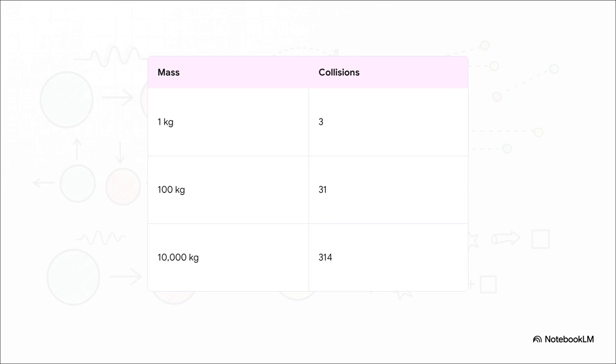When we increased the mass by a power of 100, making it 100 kilograms, we had 31 collisions. And when we increased it by another power of 100, making it 10,000 kilograms, well, if you calculate the idealizing assumptions exactly, the total number is 314 collisions. Let those numbers just sit in your mind for a second. 3, 31, 314. You see the pattern forming here, don't you?